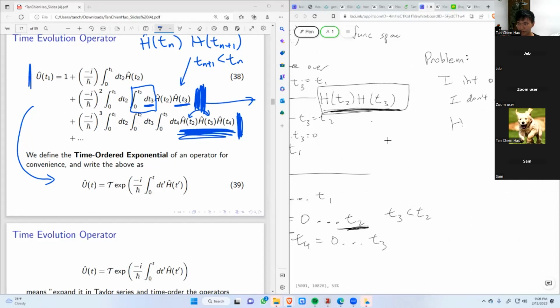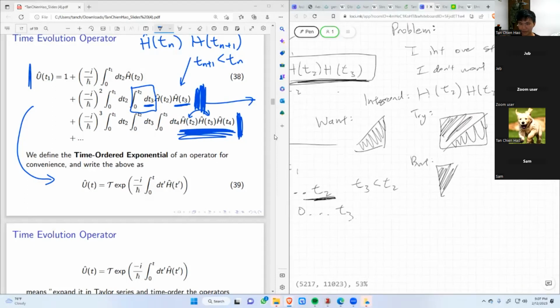This is my integrand, and I want to integrate this integrand within the triangle. But the triangle is hard to do, so I try to integrate over a square. But now I want to get rid of this extra triangle.